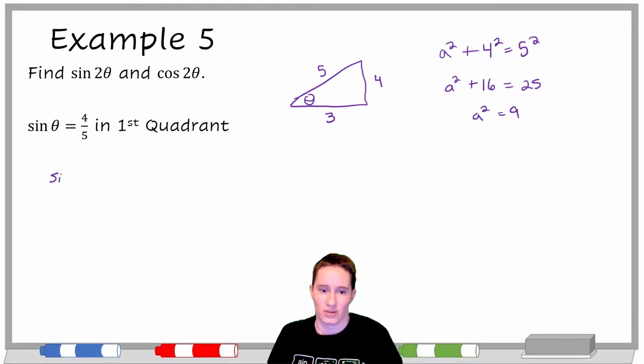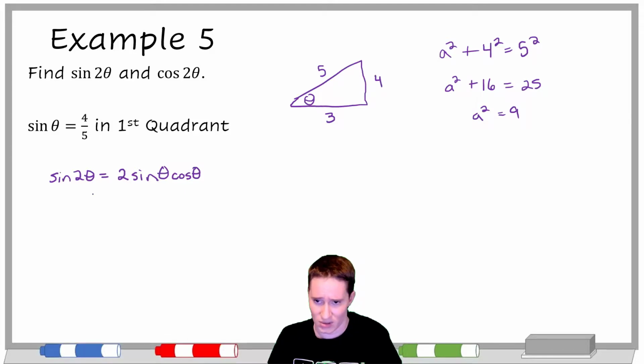So for sine 2 theta, our formula, I like to think of these more as formulas than identities, honestly, is 2 sine theta cosine theta. So that means that sine theta, we already actually knew that was 4/5, and cosine theta would be 3/5, adjacent over hypotenuse.